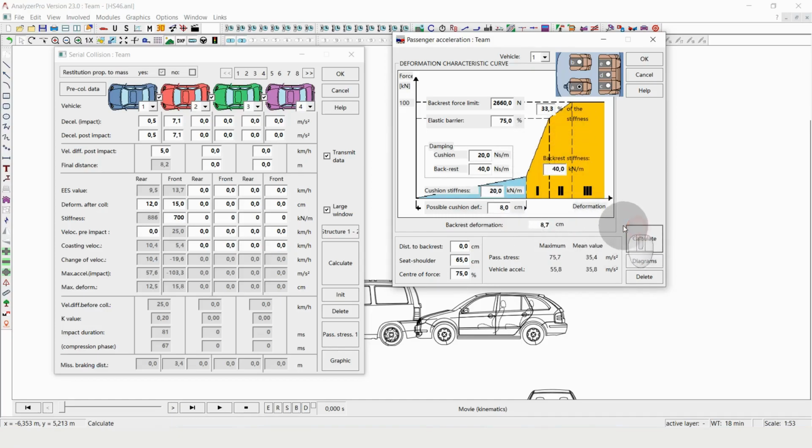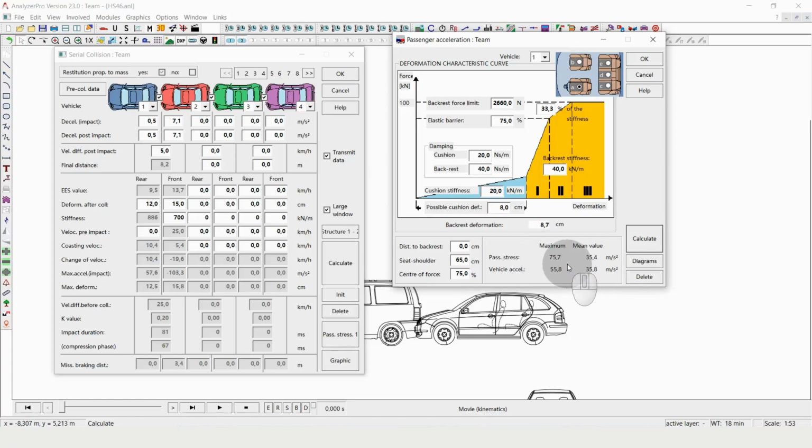So when I click on calculate, with all these values of the cushion and so on, all the values of the chair, we get as a result, for the vehicular acceleration and the passenger acceleration, the same mean value, but a different maximum value. Why is that the case?